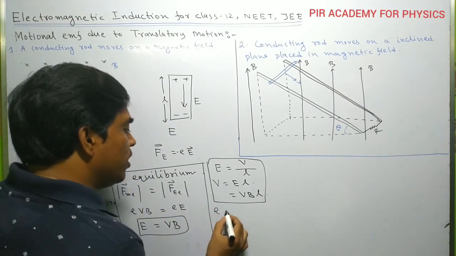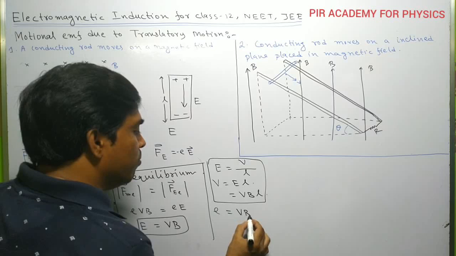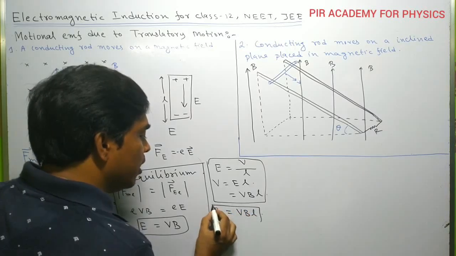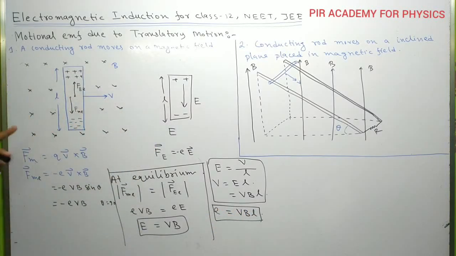So the induced EMF will be vBL. This is the induced EMF on this conductor.